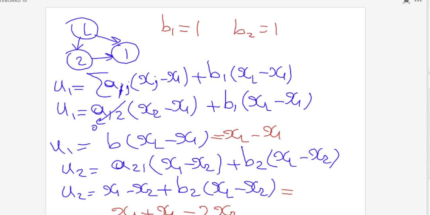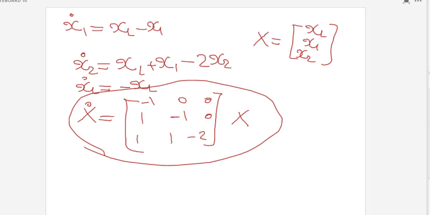For example, this is the first controller: U1 is XL minus X1. The second controller is XL plus X1 minus 2 times X2. I want to draw the figure to describe this.